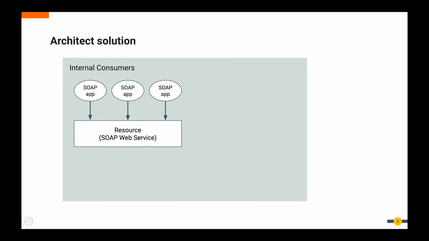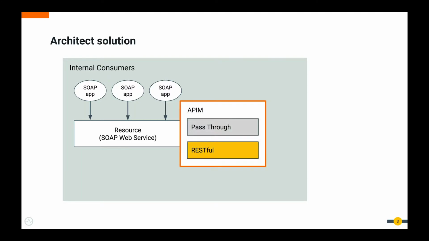To avoid point-to-point communication between clients and SOAP web services, the proposed solution is to create an API management layer that will facilitate internal services. WSO2 API management has the possibility to create a REST API and a SOAP pass-through API based on the SOAP backend service.